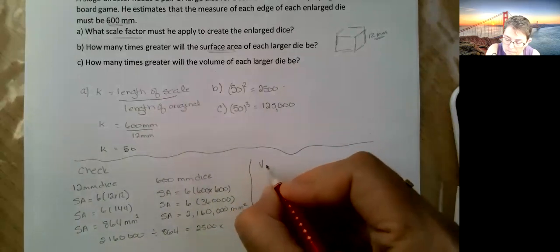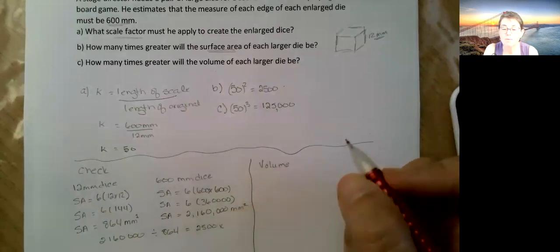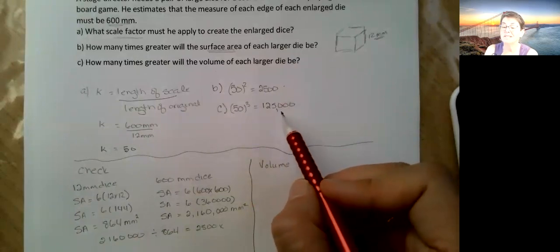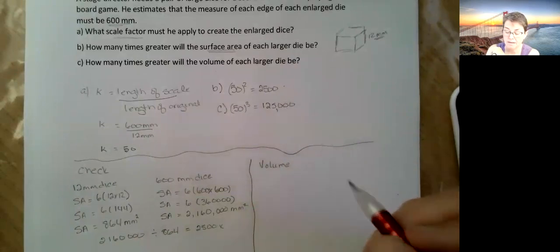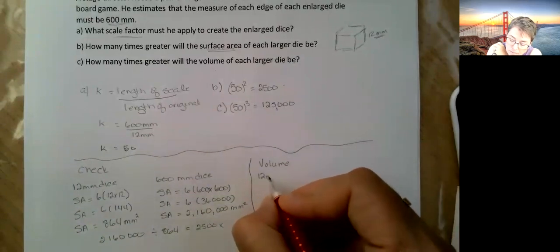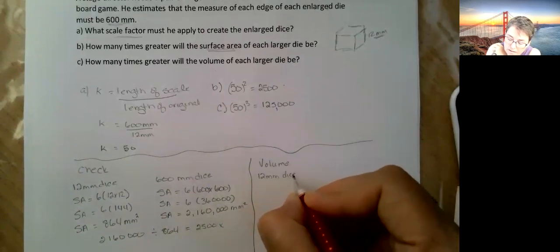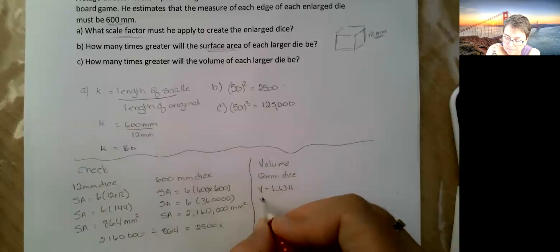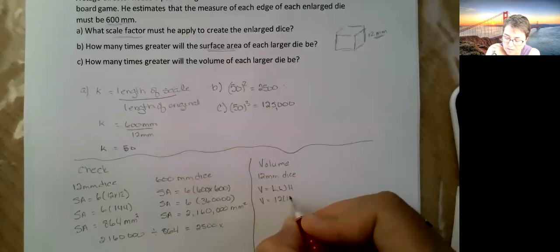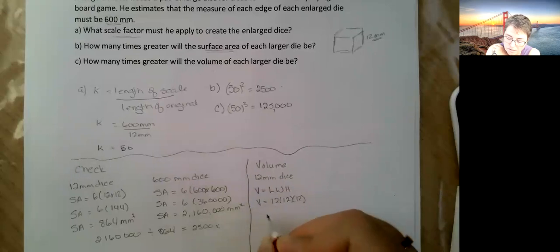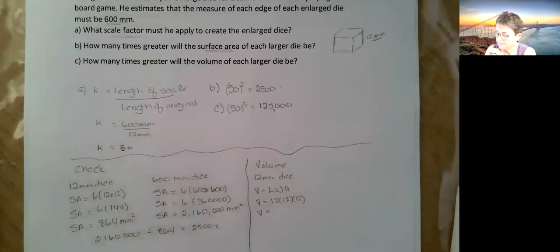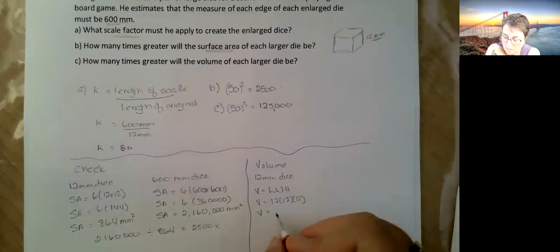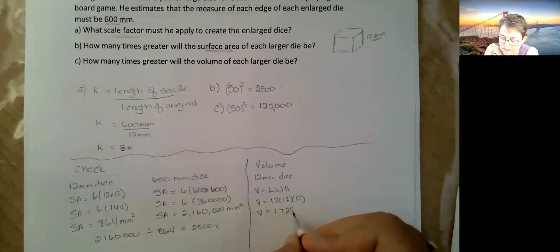Let's do volume. Because the surface area I could deal with, but this one just seems like way too big. So 12 millimeter dice. Volume is length times width times height. 12 times 12 times 12, or 12 cubed, is 1,728 millimeters cubed.